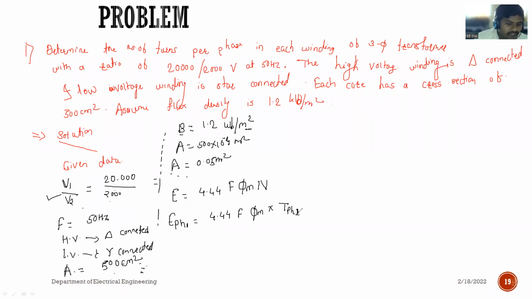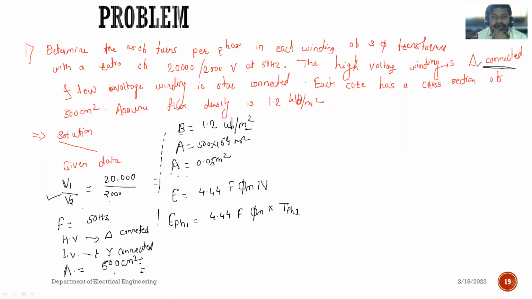Okay, now see, the voltage is given on the primary side. Primary side, it is high voltage or low voltage? High voltage primary side आहे की low voltage आहे? High voltage. High voltage primary side. It is connected in delta. What is the relation of delta? That means what is the relation of voltage in case of delta connected system?